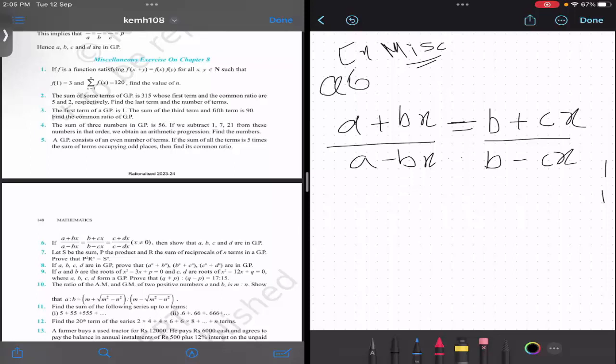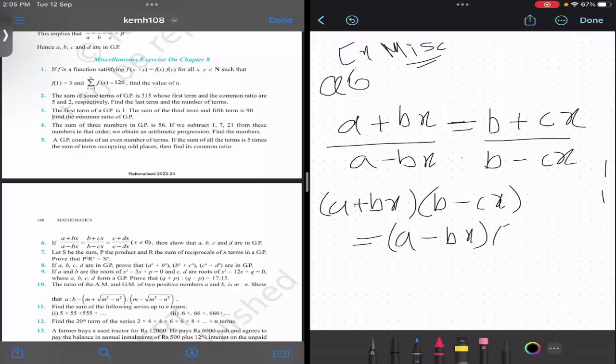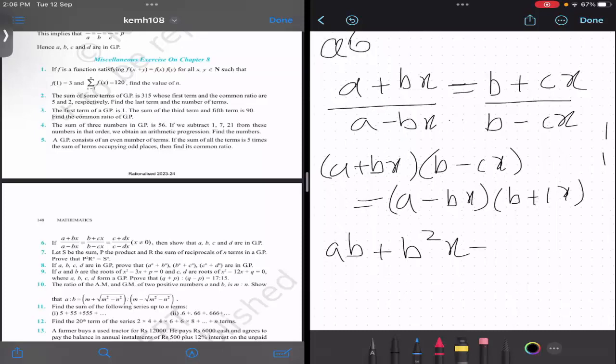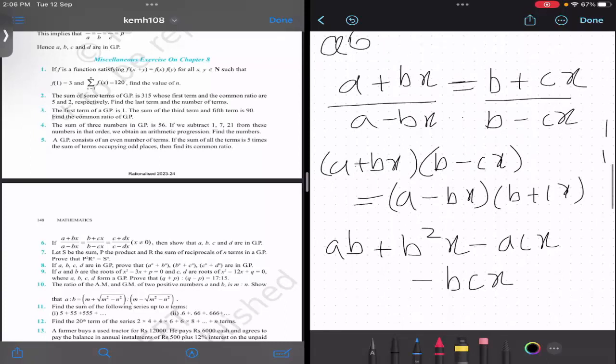Cross multiplying these both terms, you would have (A plus Bx) into (B minus Cx) equals (A minus Bx) into (B plus Cx), right? A and B get multiplied, so you have AB plus B square x, then you would have minus ACx, minus BCx, correct?